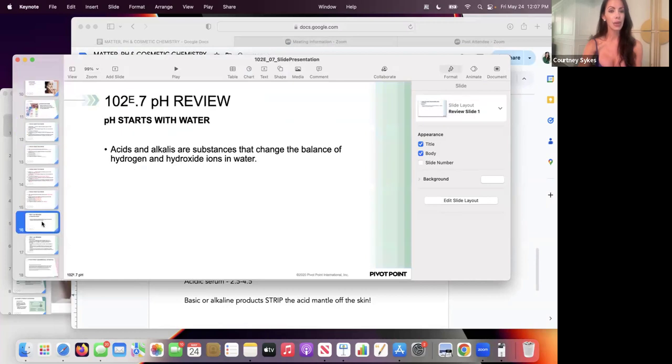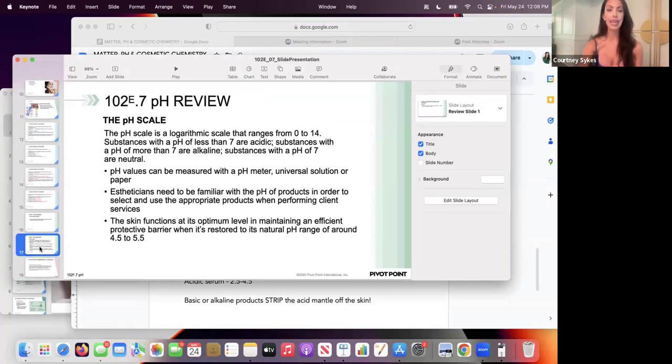And then our little notes down here, just to keep this easy, acids and alkalis are substances that change the balance of hydrogen and hydroxide ions in water. For sure, acids, remember, are a pH between 0 and 7. And then alkalis are going to be above a 7 all the way to a 14. Okay. Then we've got here the pH scale is a logarithmic scale that ranges from 0 to 14.